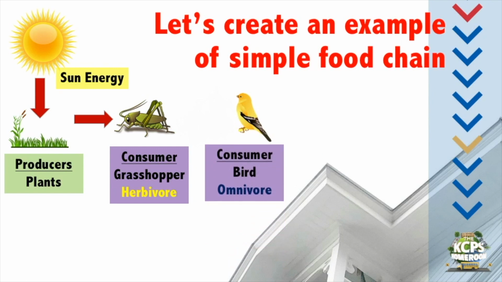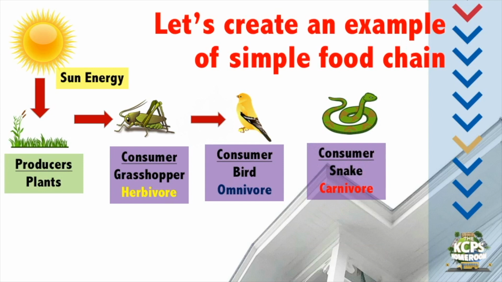The grasshopper got eaten by a bird, or the bird ate a grasshopper. So the bird is a consumer and it is an omnivore. The snake ate the bird, or the bird got eaten by the snake. The snake is a carnivore.